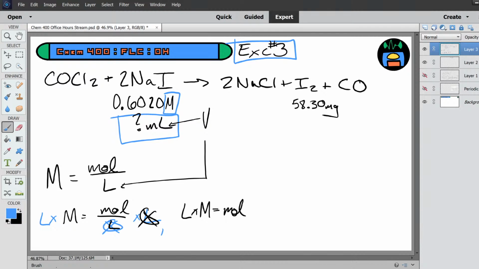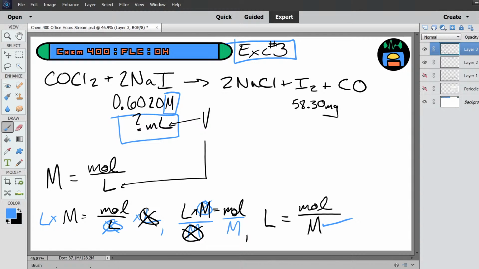And now if we want to solve for liters, we divide both sides by molarity. So we get a new equation that tells us that our volume in liters of this solution of sodium iodide is equal to our moles of sodium iodide over our molarity. Now, we know what our molarity is because we were given that in the problem, right?